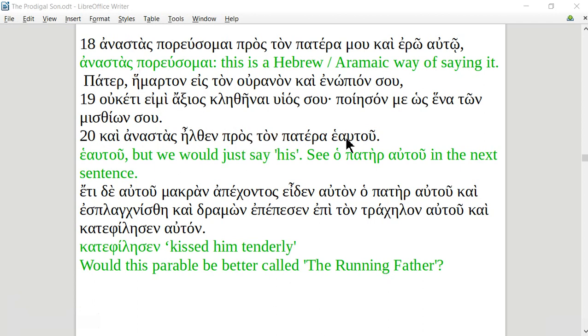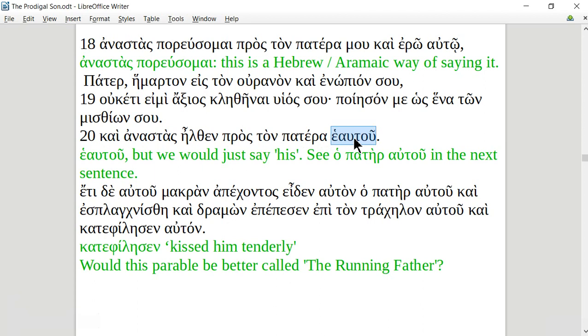Coming down to verse 20, we look at heautou. So this is the special form of the pronoun. So it could mean himself or his own. His own. So if we translate it that way, we would say, he got up and went to his own father.